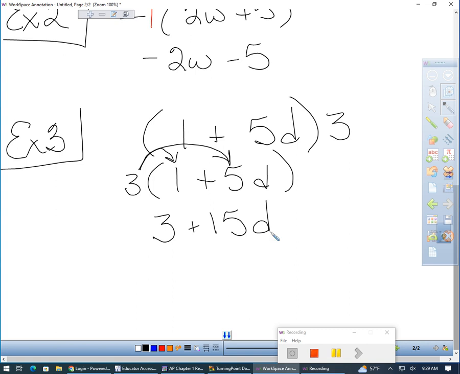If there is a term or a number that doesn't have a variable on it, it really should be written in the back. So in this case, we would want to rewrite this as 15d plus 3. Now, is it wrong this way? No. It's just the math gods prefer it this way, where you have your variable terms first, and then your number on the end.